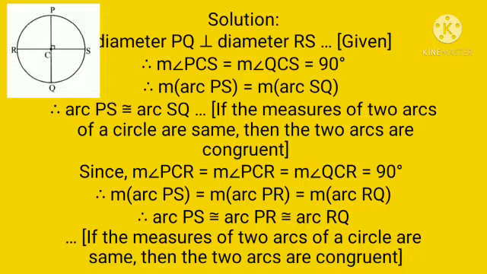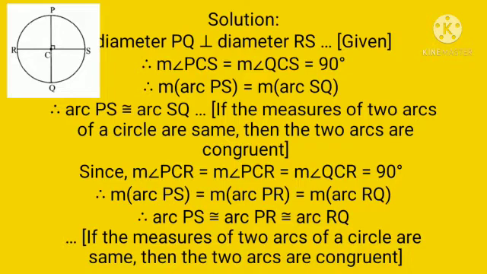Measure of arc PS is equal to measure of arc SQ. Therefore, arc PS is congruent to arc SQ, since if the measure of two arcs of a circle are same, then the two arcs are congruent.